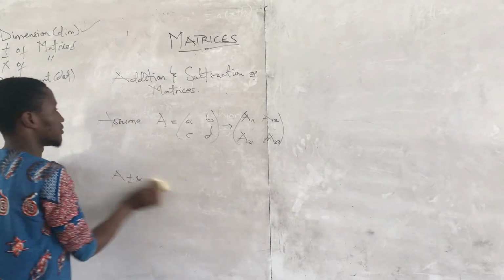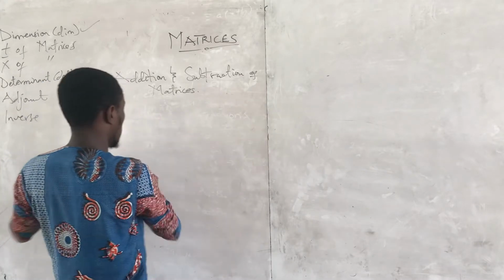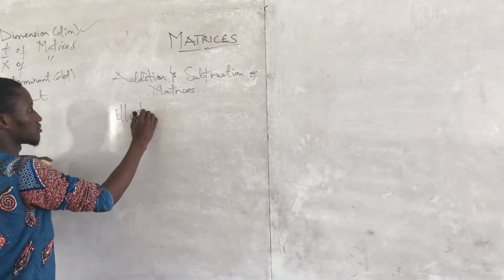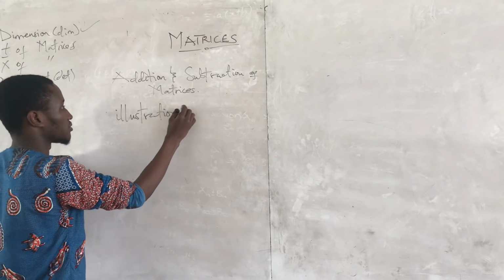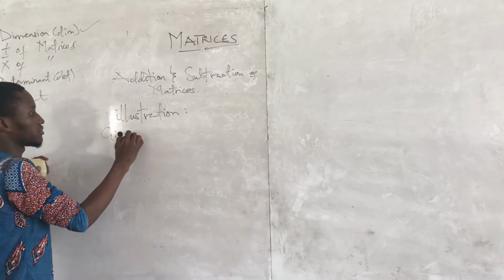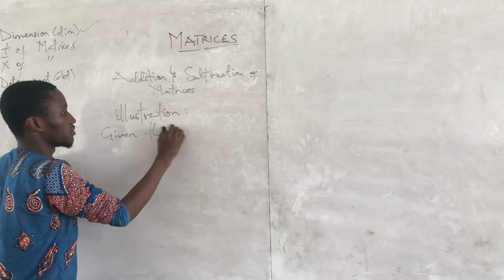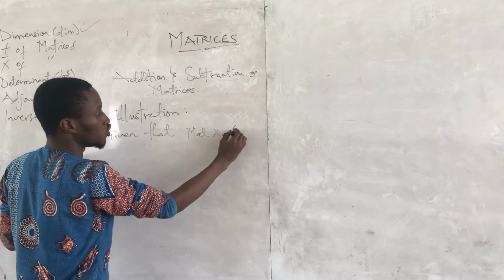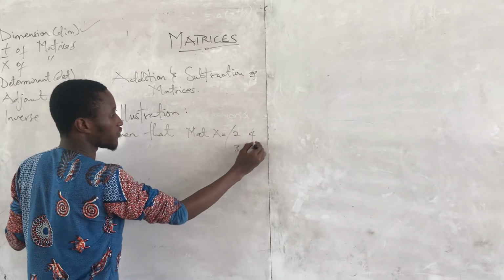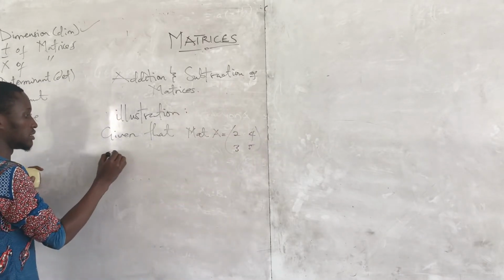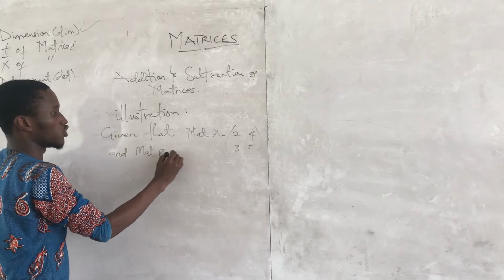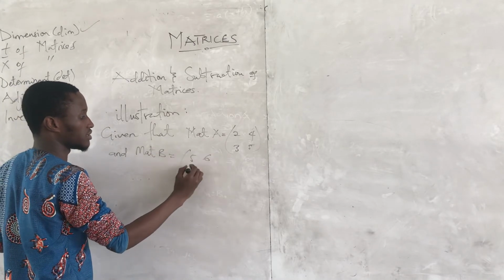So, illustration. Given that matrix A is equal to 2, 4, 3, 5, and matrix B is equal to 5, 6, 8, 7.